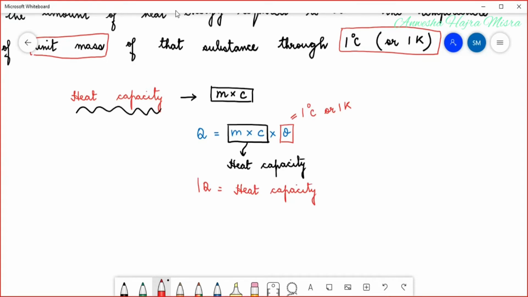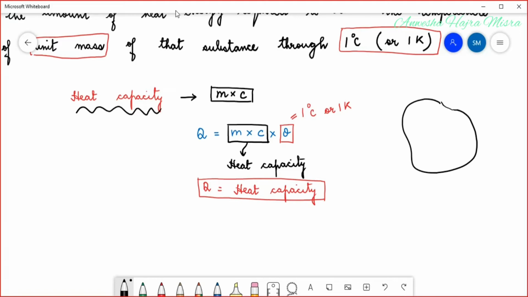So what is the difference between specific heat capacity and heat capacity? Say this is a mass m. From here, if you take unit mass 1 kg, then the heat required to raise this mass by 1 degree Celsius is the specific heat capacity.